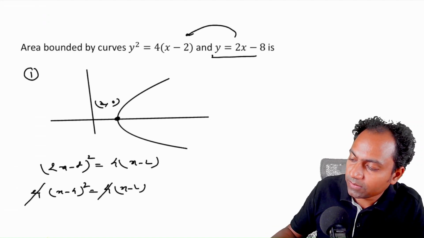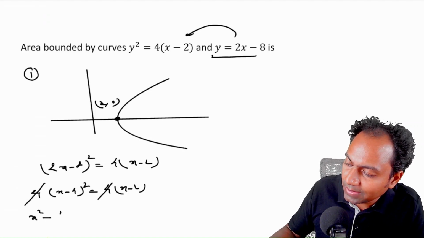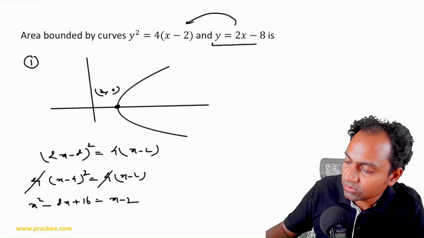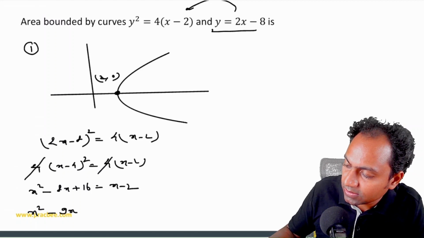And I can write this as x square minus 8x plus 16 will be equal to x minus 2. So x square minus 9x plus 18 will be equal to 0.